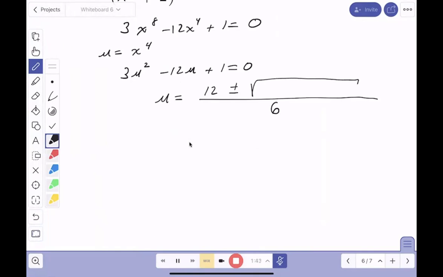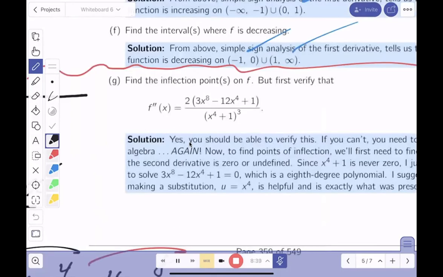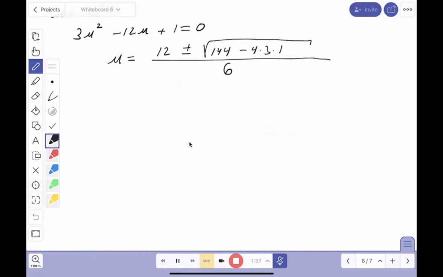Boy, it's going to be a lot of work. What do you get there? b squared, which is 144, minus 4 times a times c. I've got to keep working on it. Sorry about that.